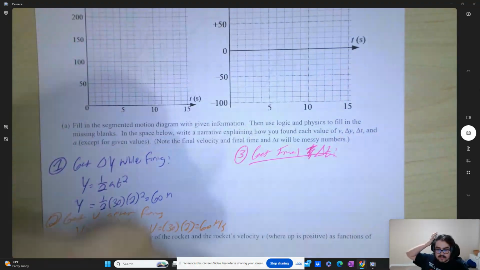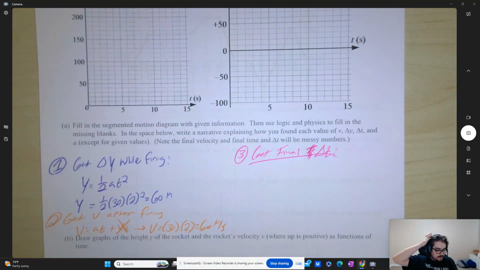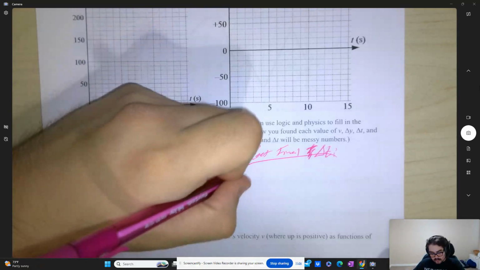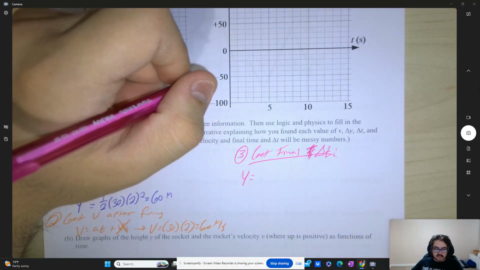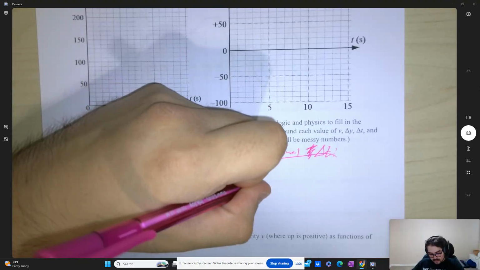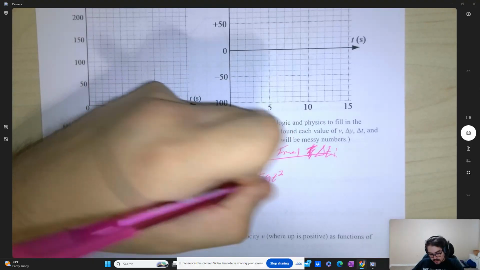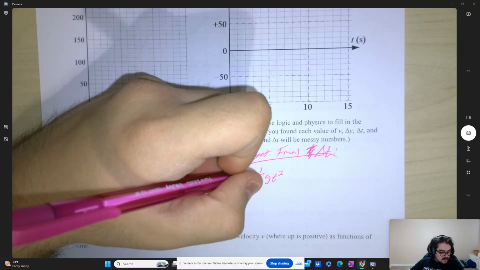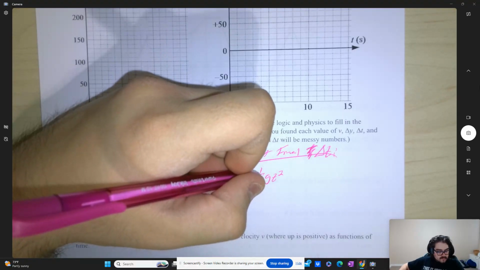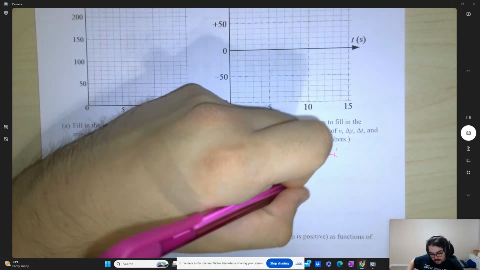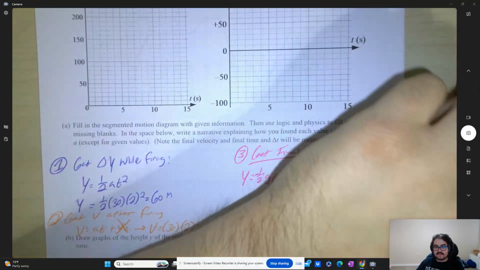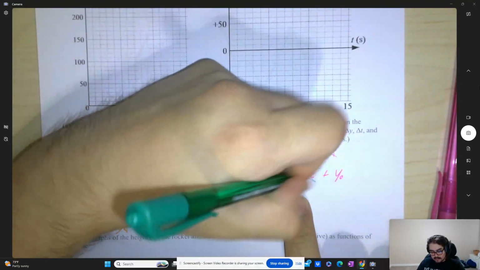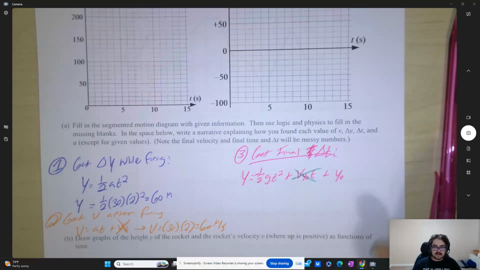Well, the easiest way to do it, in my opinion, is to use just your normal constant acceleration equation, negative 1/2 gt squared plus vy naught t plus y naught, except that vy naught t is going to become 0 because you don't have any initial y velocity.